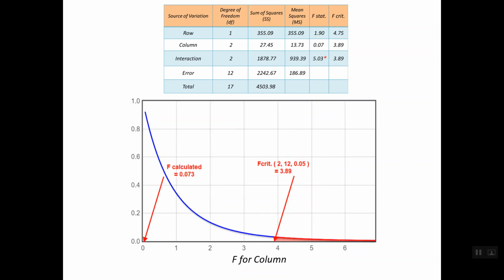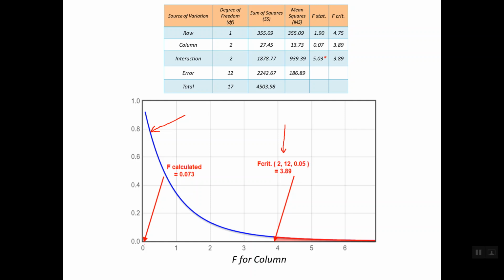For the second factor, this is the F curve for the second factor. It is not the same shape as the previous one for the first factor, because it is drawn for other degrees of freedom, which are 2 and 12. So the shape will differ from the previous one.